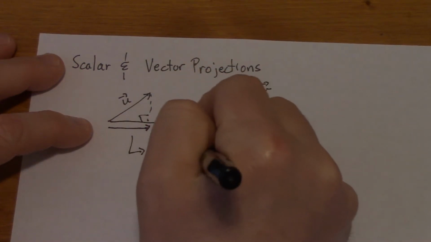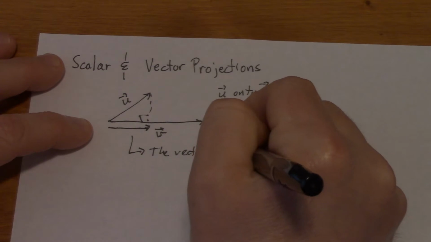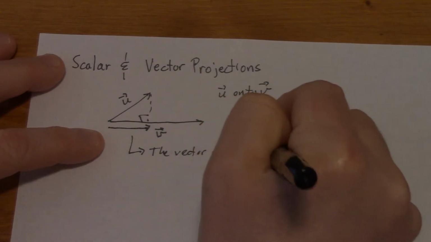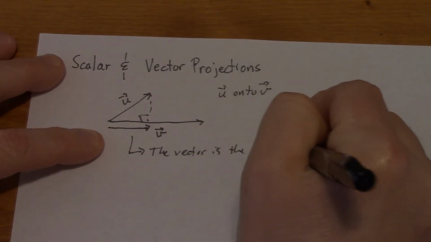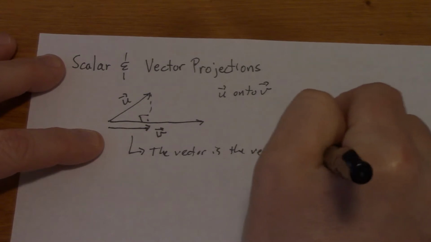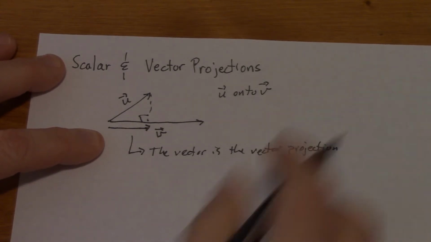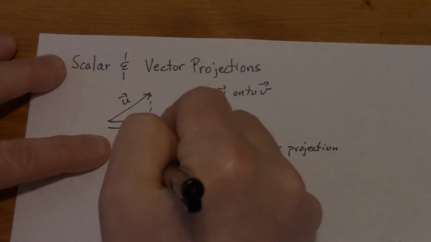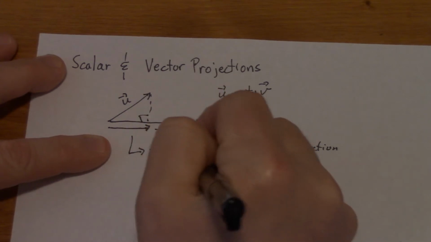The vector is the vector projection, and that's of u onto v.